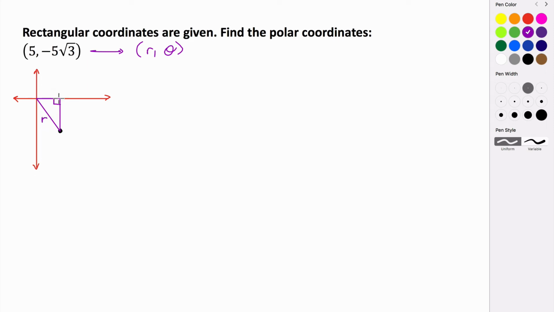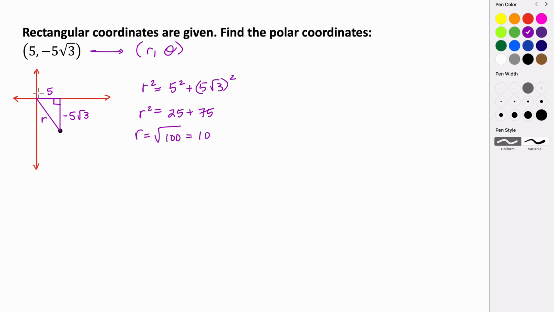We know that the horizontal distance here is 5, and we know the vertical distance is -5√3. So to find the value of r, we can just use the Pythagorean theorem. So r squared is equal to 5 squared plus (5√3) squared. So that's 25 plus 75 is r squared. So r is just the square root of 100, which is 10. So the value of r here is 10.